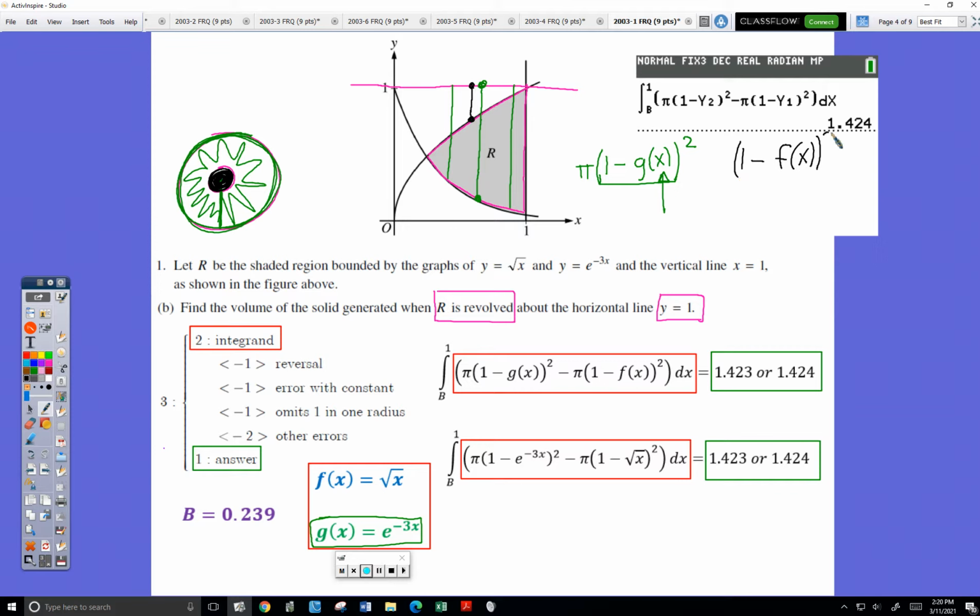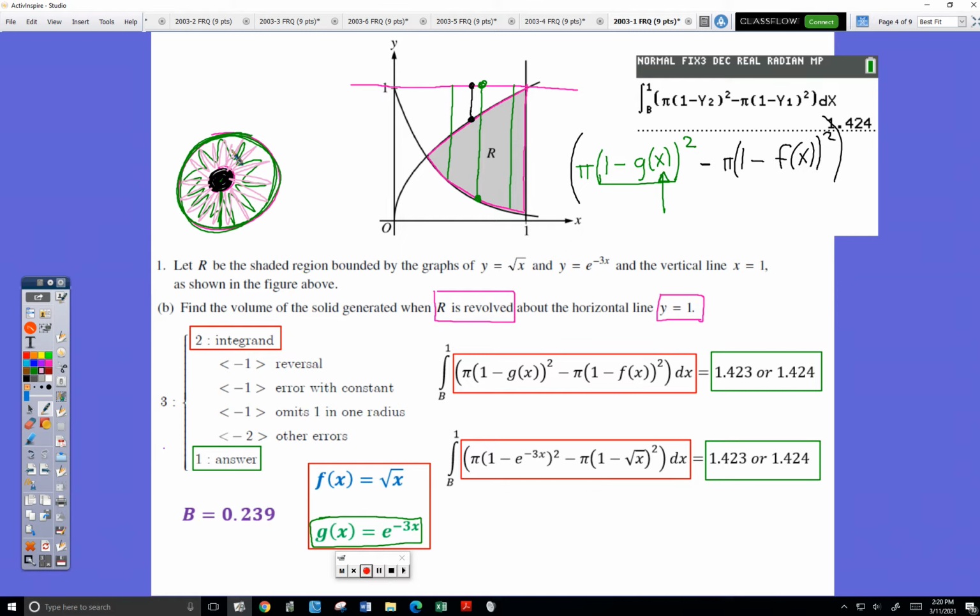I square that, multiply that by pi, subtract this now thing in big parentheses. That would be calculating the area right here, this area in here of one slice. And the area would be different for each and every different slice.